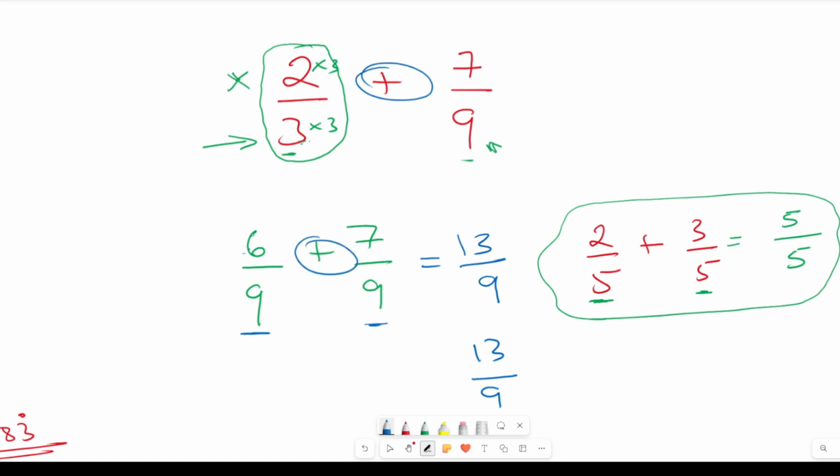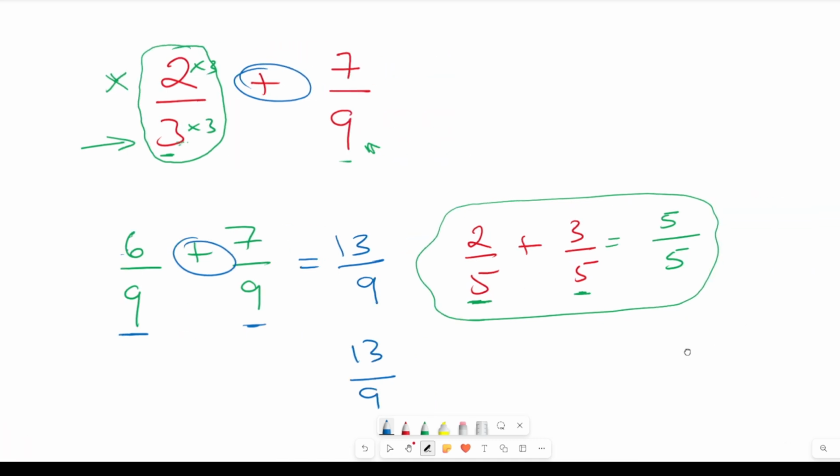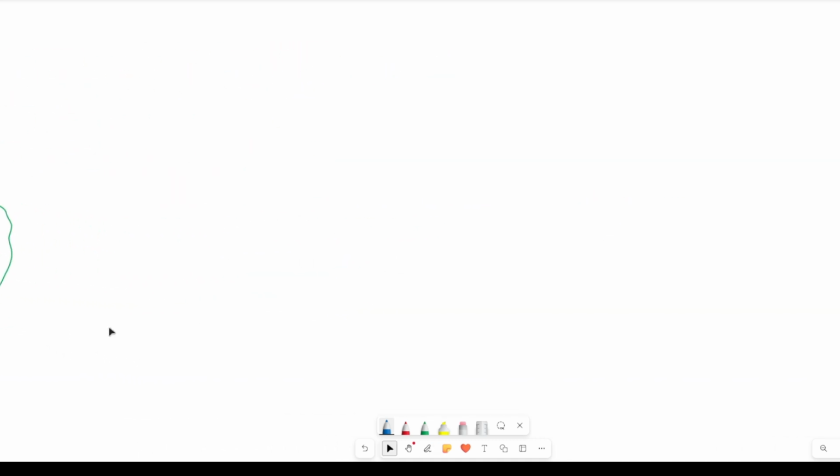So for instance, let's use equivalent fractions to solve another one. I have 5 over 8 minus 1 over 16.